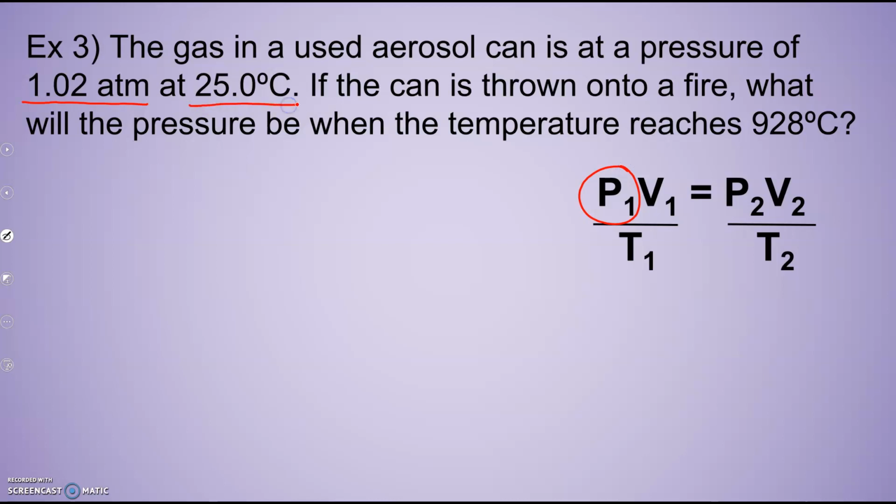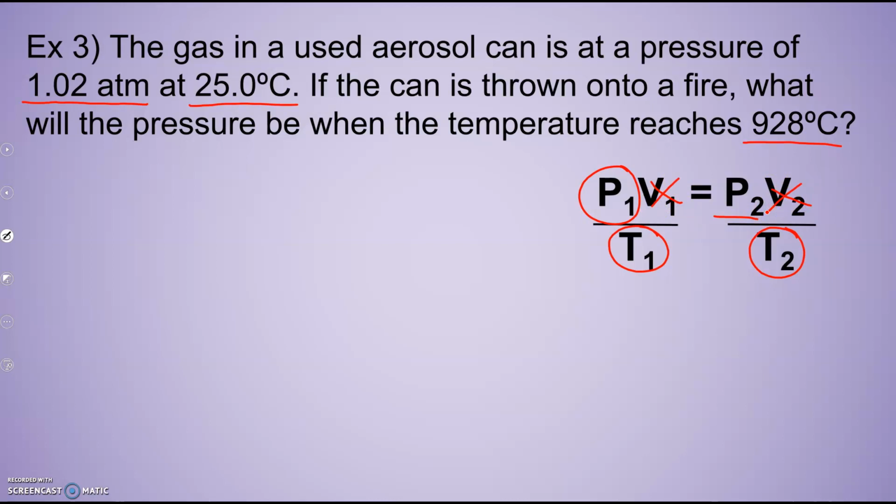And we're given a temperature of 25 degrees Celsius. If the can is thrown onto a fire, what will the pressure be when the temperature reaches 928 degrees Celsius? Okay, so this time we are looking for our second pressure. And we were not given volume. So again, just leave it out of the equation.